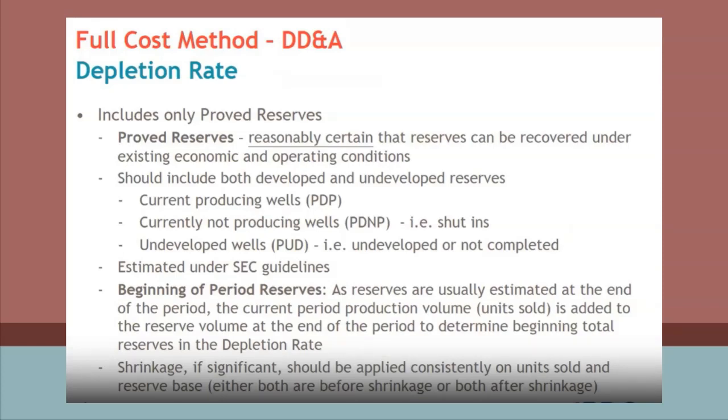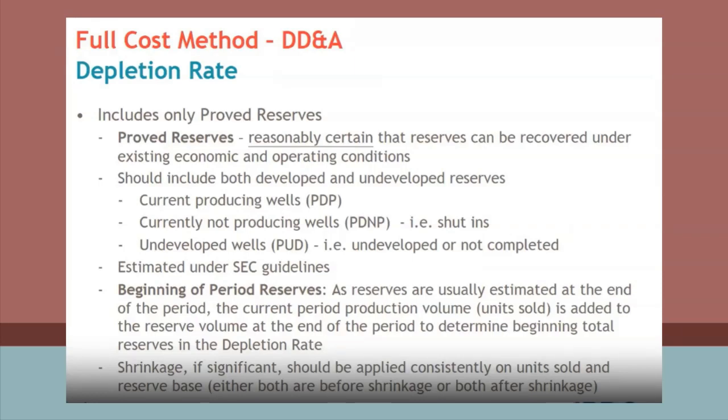On the different categories of reserves, there's generally 3 different proved, right? You've got your PDPs, developed producing proved properties, PDNPs, and you've got your PUDs. You can look back at those other slides to refresh your memory on that. But for this depletion calc, we're only talking about proved reserves here. The unproved, we're not concerned.